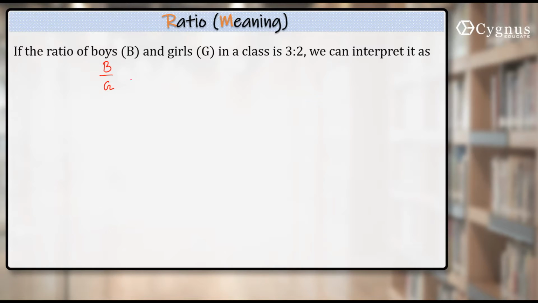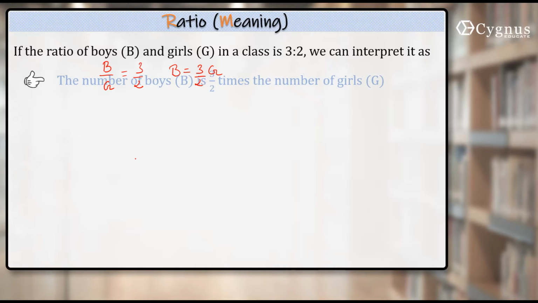B by G will be equal to 3 by 2 mathematically, or I can express the number of boys in terms of girls also. It becomes 3 by 2 times of G. So if the ratio of boys and girls is 3 to 2, I can say that boys are 3 by 2 times of girls. This is the first meaning of this statement. Yes or no? The number of boys is 3 by 2 times the number of girls.